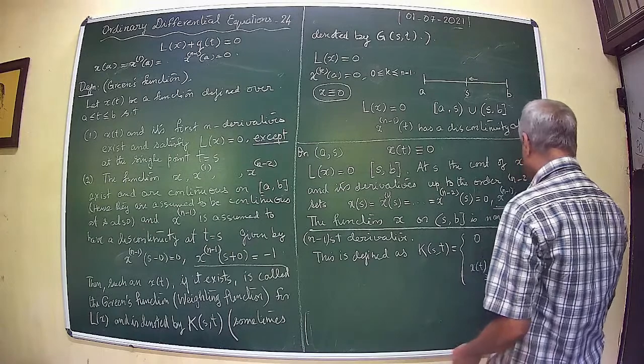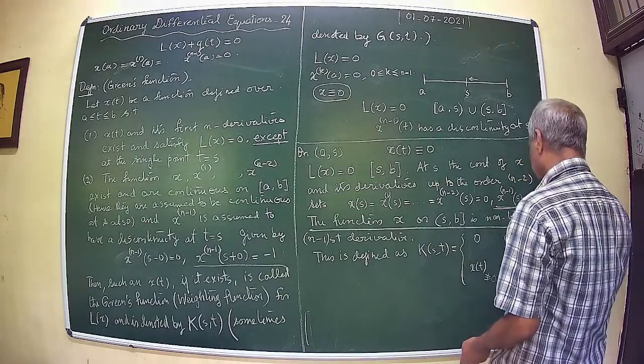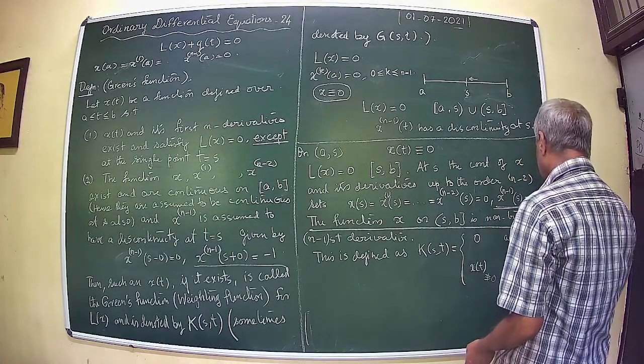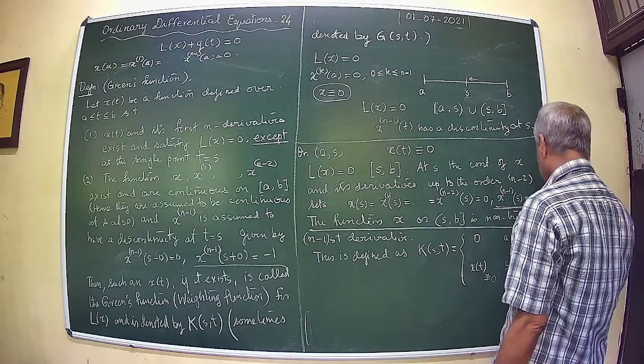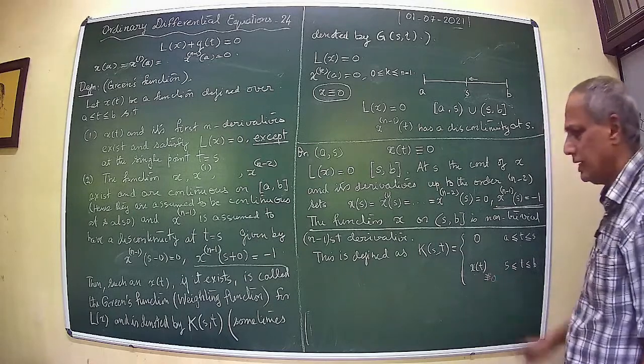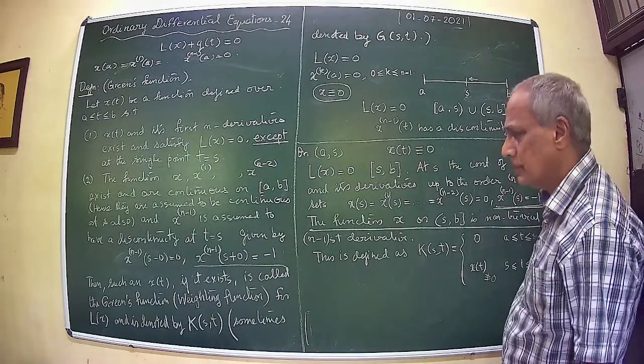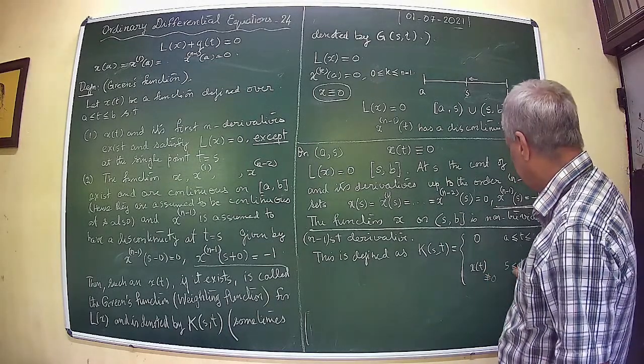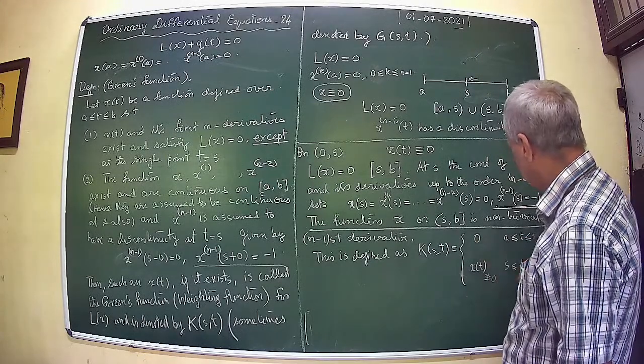There is no ambiguity in writing equal to here, because it is only the n minus first derivative which has a discontinuity, otherwise it is 0. Therefore the function is continuous.